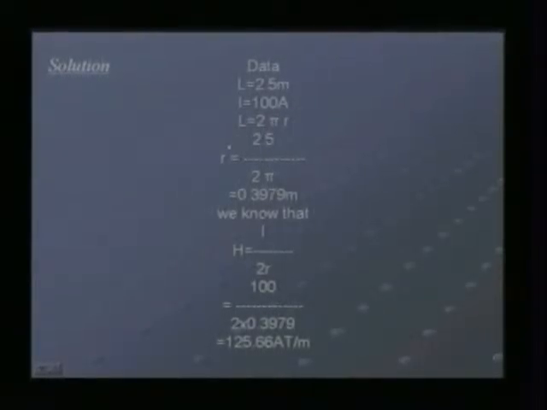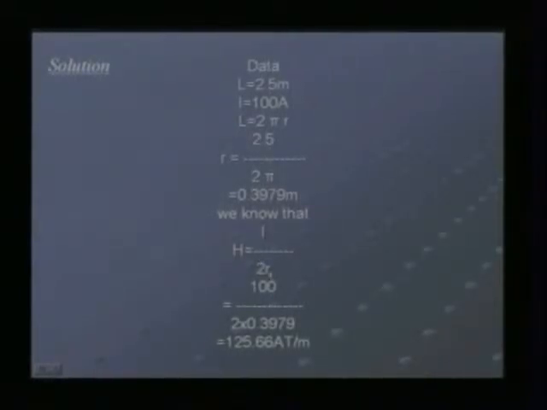Since the total length of the circle L is the perimeter of the circle, that is 2 pi r, we can find the radius of the circle, r equal to 2.5 divided by 2 pi, which is equal to 0.3979 meters.